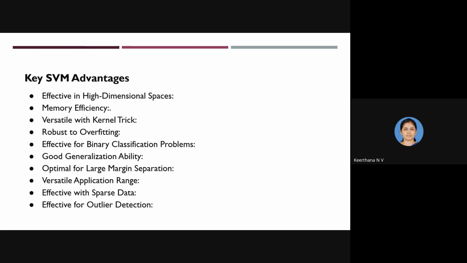It uses a regularization parameter C, which I have discussed before. C controls the trade-off between maximizing the margin and allowing some misclassifications. This helps in preventing overfitting, especially if you are dealing with high dimensional spaces.